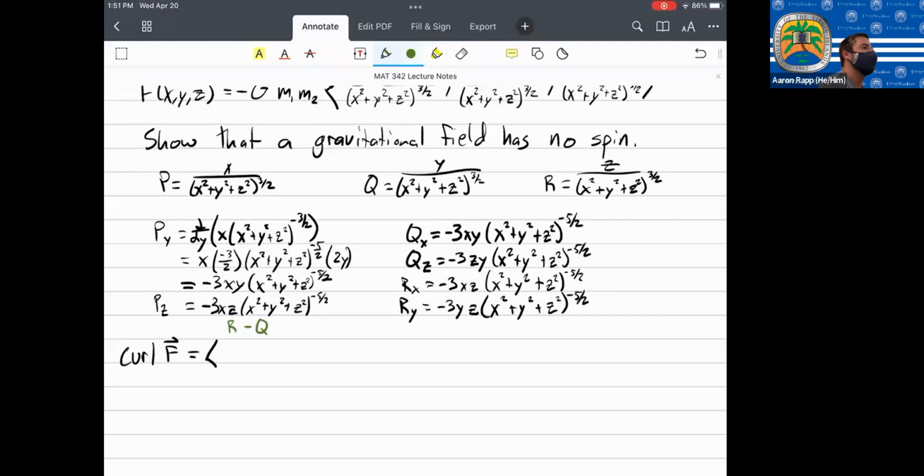And take the z component, subtract the y component, but I take the partials. Since I'm comparing z and y, the z component, I consider what partial? Y. And the z component has what partial? Z. So ry minus qz. Well, ry is -3yz.